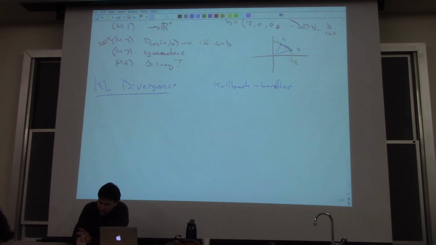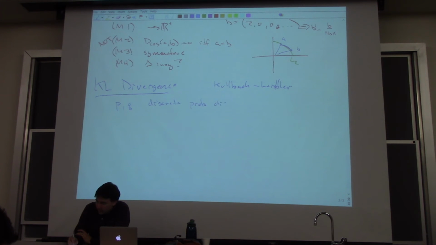So instead of A and B, let's use P and Q, which are discrete often, and there are continuous versions of this as well, but I'll write discrete versions.